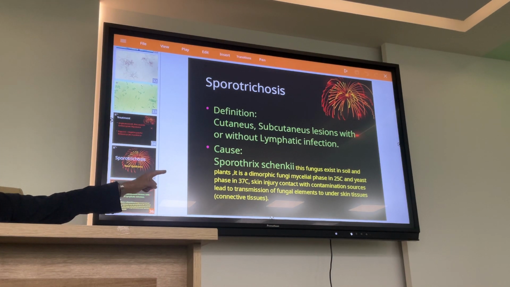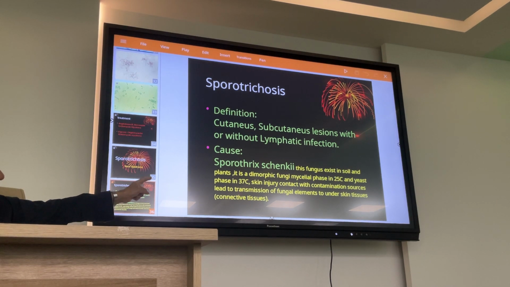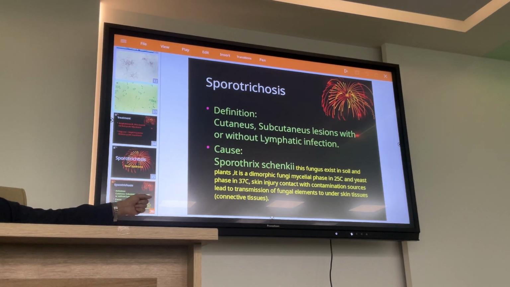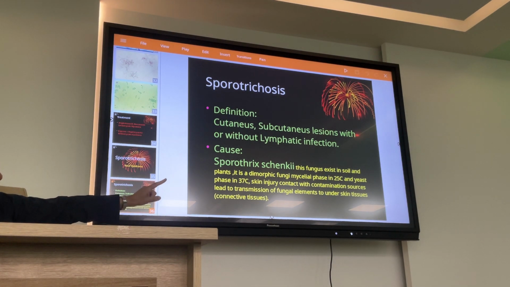These fungi exist in soil and plants. It is a dimorphic fungus, mycelial phase at 25 centigrade and yeast phase at 37 centigrade in the body and in rich media. Skin injury in contact with this contaminated source leads to transmission of fungal elements to the tissue under the skin, connective tissue.